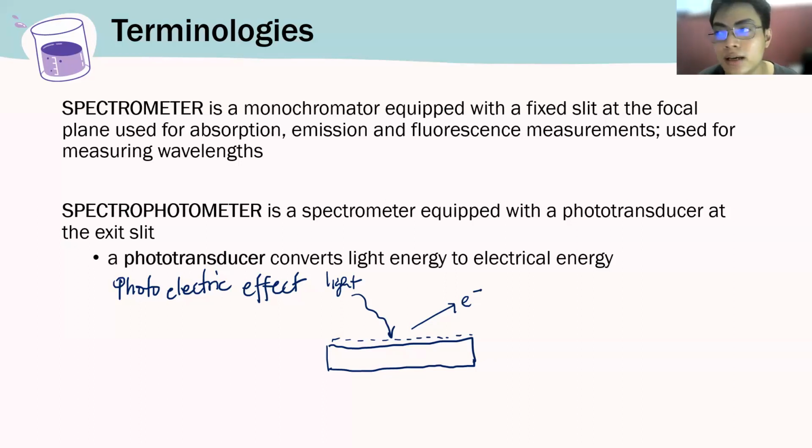Kasi yung electron patalsik eh. So that phenomena is called the photoelectric effect, discovered by Albert Einstein. Nanalo siya ng Nobel Prize due to that. So yun lang yung key idea sa mga phototransducer.